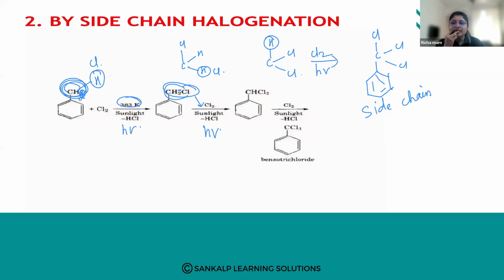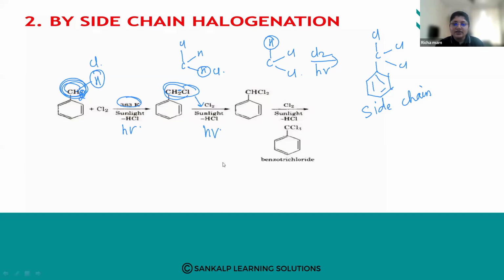Subsequently, it depends on how many hydrogen atoms are there and how much UV light and Cl2 you are supplying. Like that, the hydrogens are getting replaced at each step. So this is a side chain halogenation.